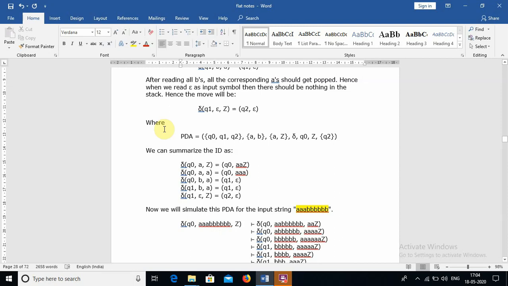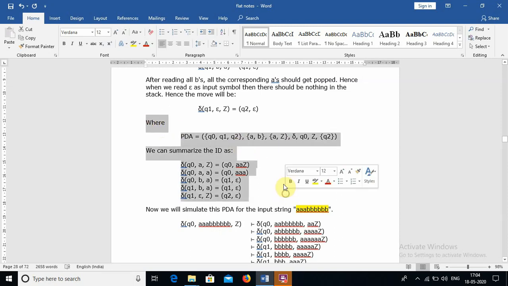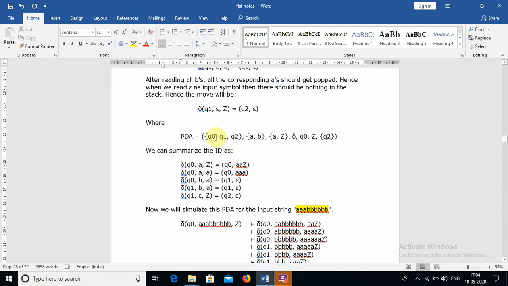This is the PDA we construct: q0, q1, q2 is the set of states, a, b is sigma, a, Z is tau, and these are the transition functions. q0 is the initial state, Z is the initial stack symbol, and q2 is the final state.